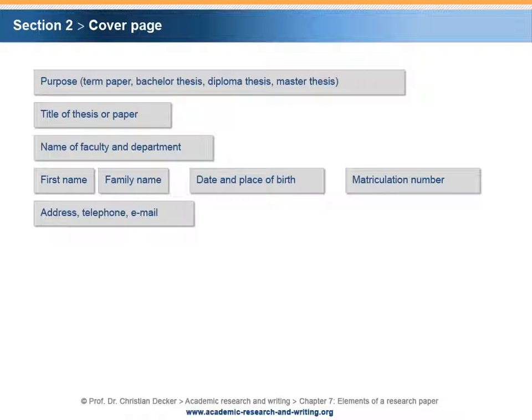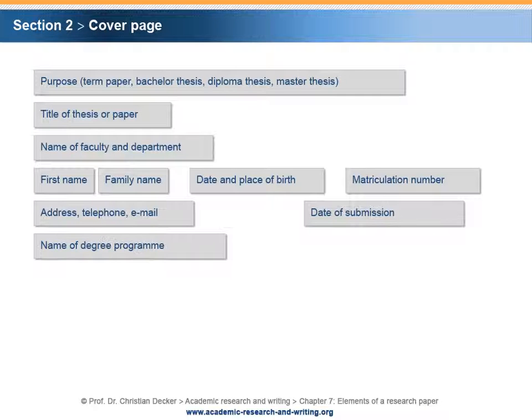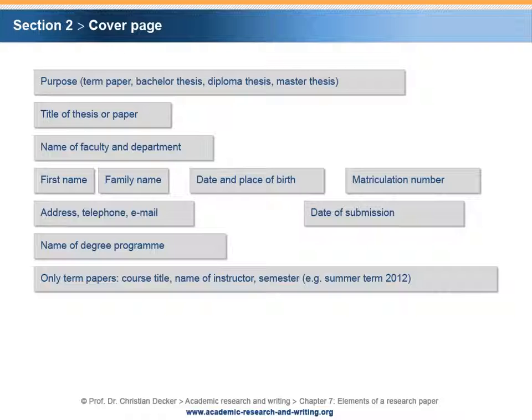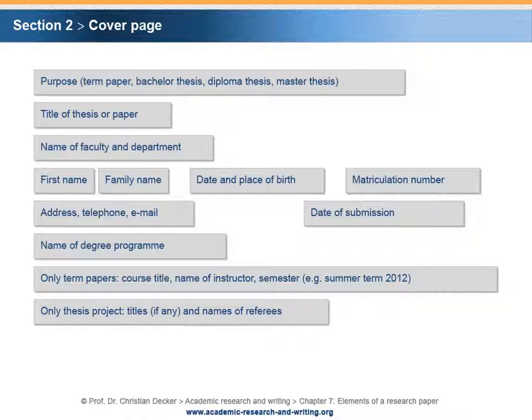Address, telephone, email. Date of submission. Name of degree program. Term papers contain course title, name of instructor, semester, for example, summer term 2012. Thesis projects contain titles, if any, and names of referees.